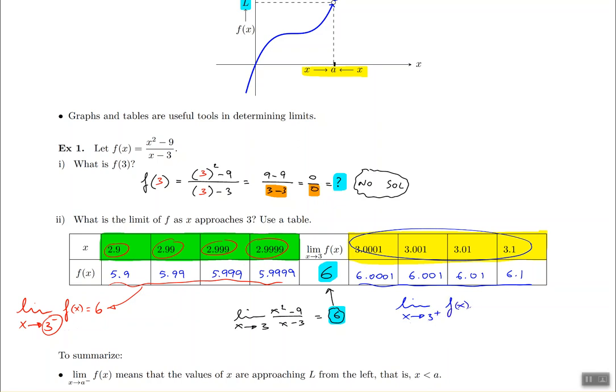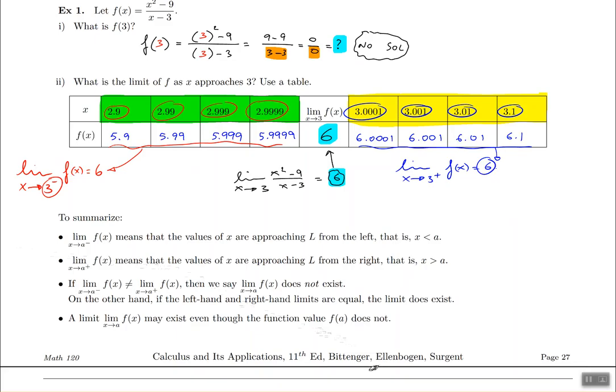And I ask what the limit is when I approach that number. The limit is again 6, because those numbers down here all look like a 6. So saying that x is approaching 3 plus means that the number you're plugging in has to be slightly more than 3. And saying that the limit is 6 means that the result you got was always something close to 6.